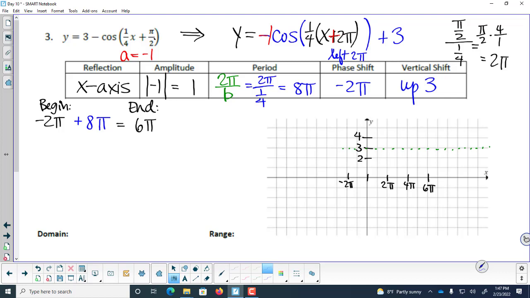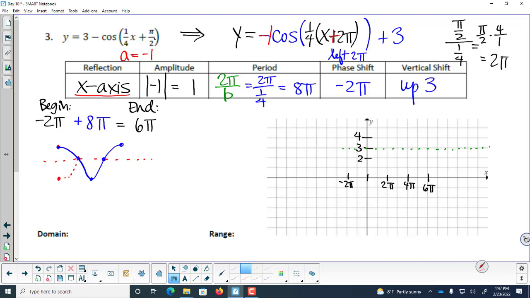Okay, so now what are we going to do? We're going to locate, well, here's basic cosine, yes? But we've got to keep in mind we are reflecting. So if this is our midline, instead of starting at the max, we're going to start at the min.